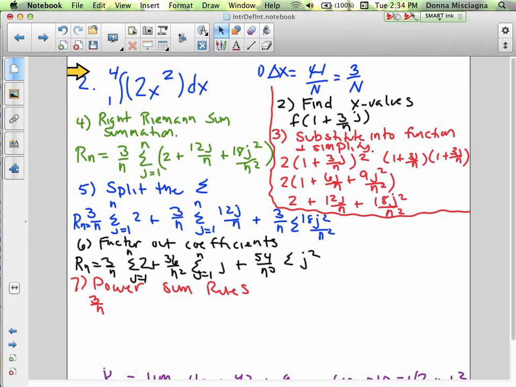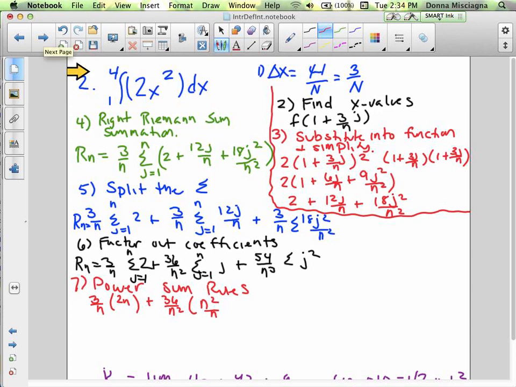So we have 3n times 2n. And then we have 36n squared times, and these ones are easy. Oops, I meant to put a 2 there. It's easy to remember these 2 rules. See if I remember the square. N squared divided by 2 minus n divided by 2, or excuse me, plus.